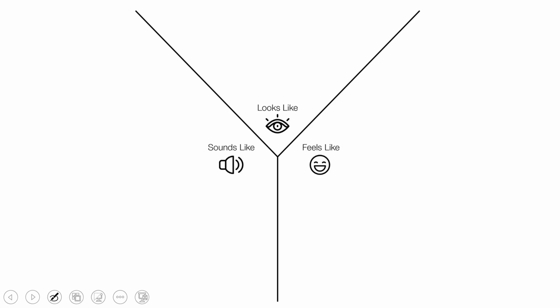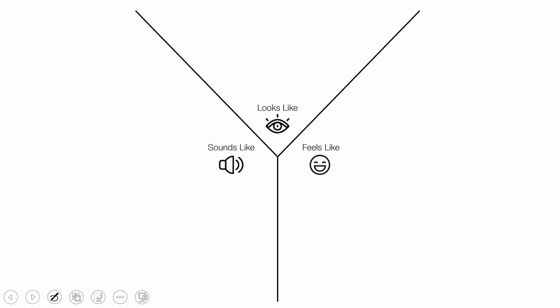So for example, the first is looks like. When any topic is given to you, what does it look like? For example, this table, something to do with the visual. What does the table look like? Rectangle? Okay. It has 4 legs, etc. What does it sound like? Okay. It's hard.